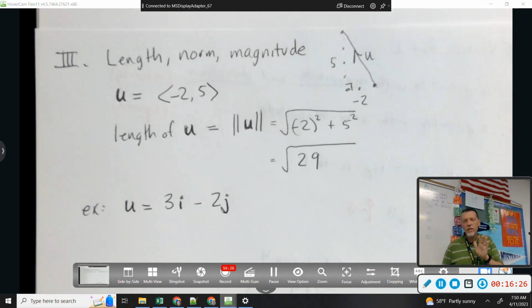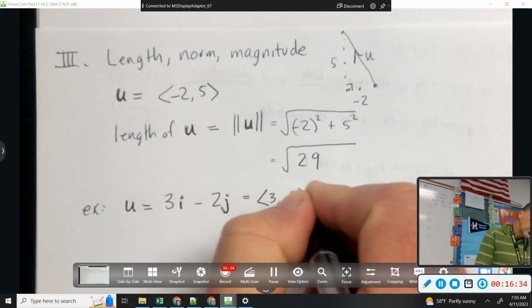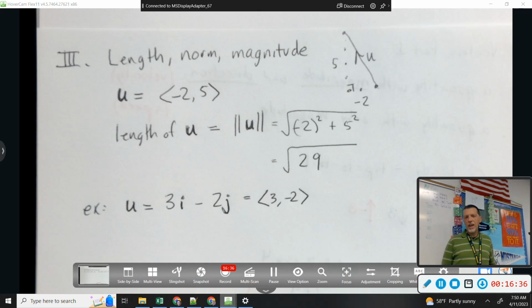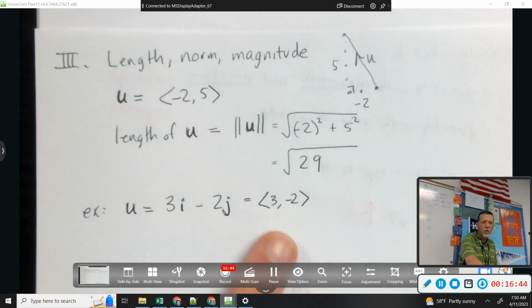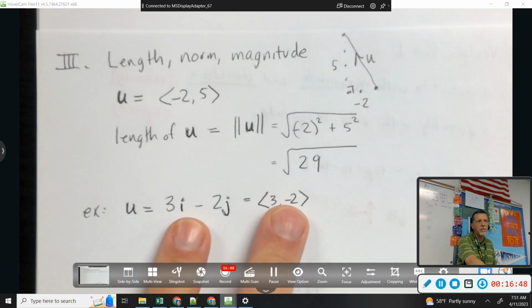So we're redefining who u is. u is 3i minus 2j. That's the same thing as 3, negative 2. i just means x direction, j means y direction. So it depends on preference, if you like i's and j's, or the pointy parentheses. They mean exactly the same thing.